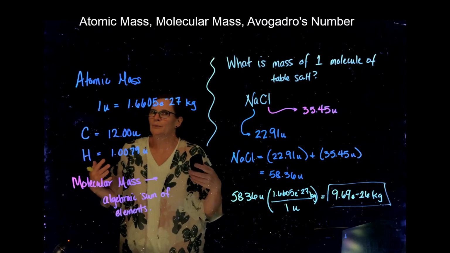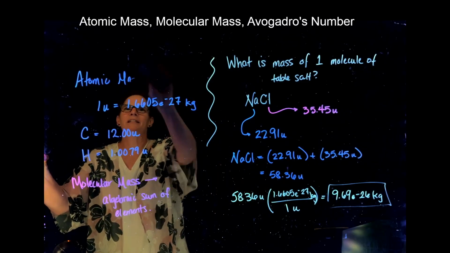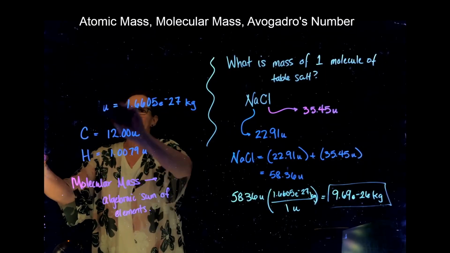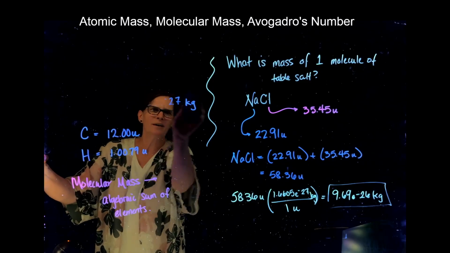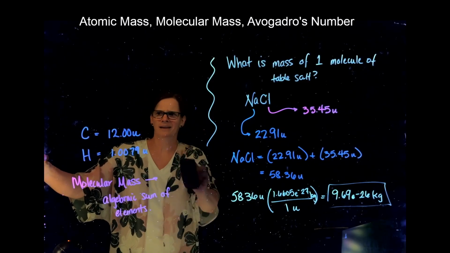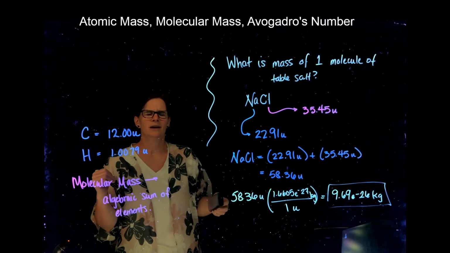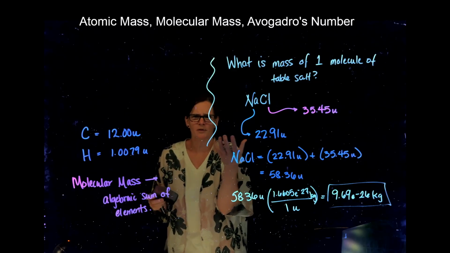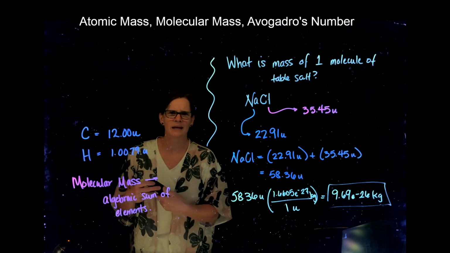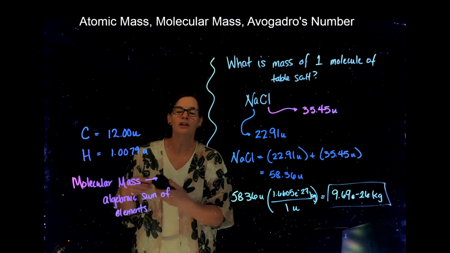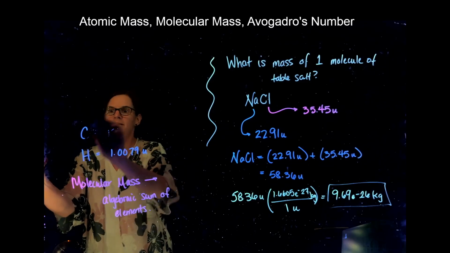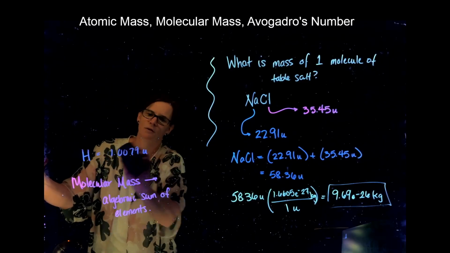So really, really small masses we're dealing with. And when we talk about a solid of carbon, or if I have my table salt, like one granule of table salt is more than a single molecule of sodium chloride, we're talking about lots and lots and lots of molecules of sodium chloride.